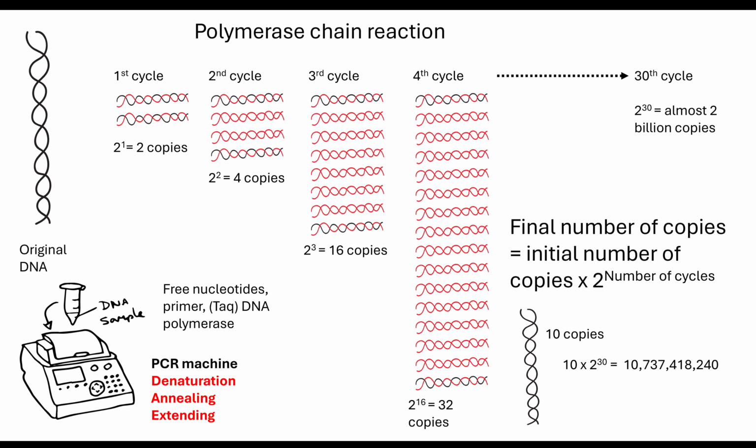We have 10 times 2 to the power of 30, so therefore we would end up with over 10 billion copies of our sample. So it's important to note that the whole process of a polymerase chain reaction is that we are amplifying this minute original DNA copy.